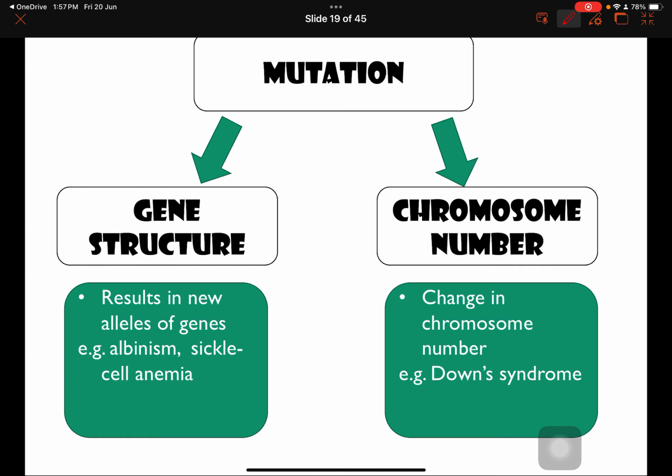There will be two kinds of mutations that I'll be discussing in this video. One is genetic mutation. Genetic mutation affects your genetic sequence.